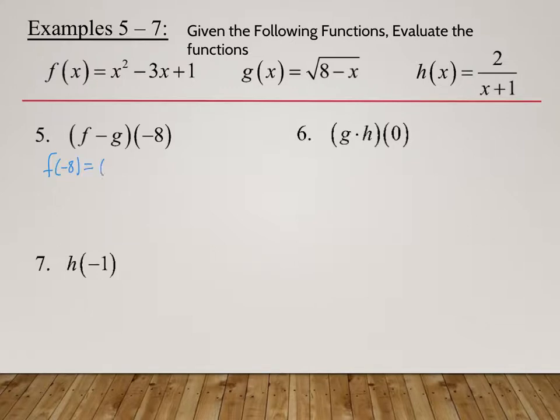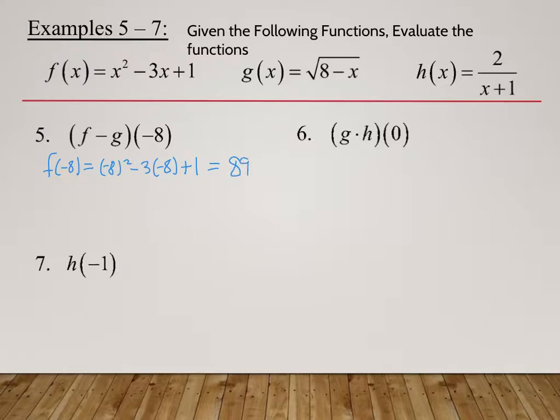We get minus 8 squared minus 3 times minus 8 plus 1. When we evaluate that, we get 89.